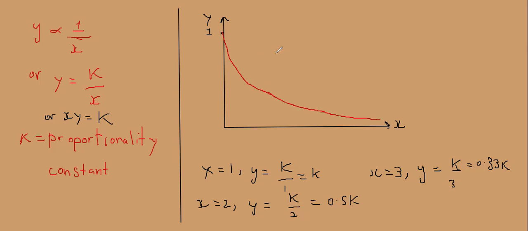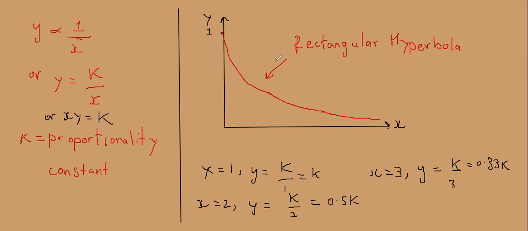This sort of curve which we observe, we say is a rectangular hyperbola. Rectangular hyperbola graph. So this is the nature of the graph.